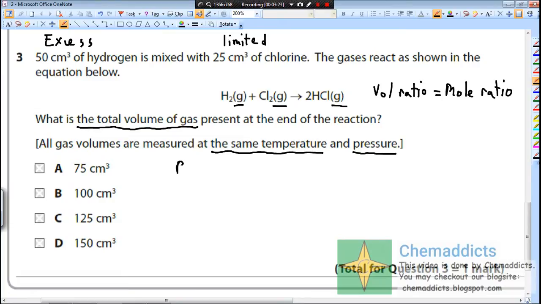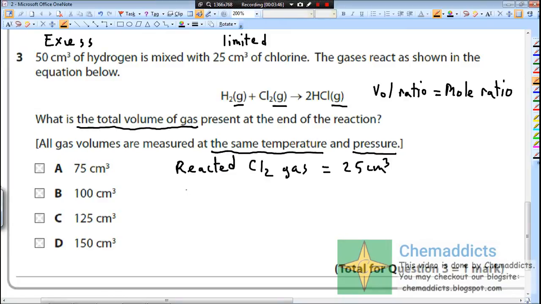So the reacted chlorine gas is 25 cm cube. So the whole volume of chlorine gas would get reacted.